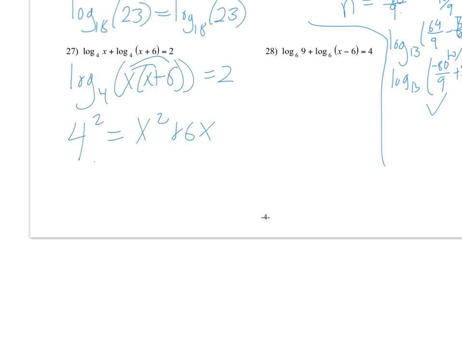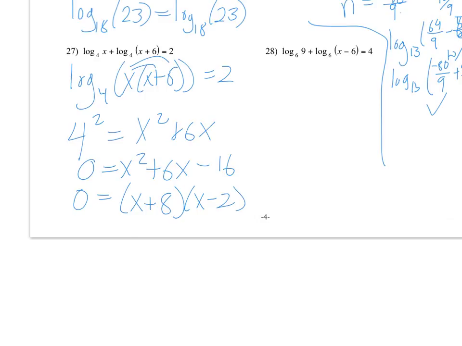Bring everything to one side. 0 is equal to x squared plus 6x minus 16. That factors into x plus 8 and x minus 2. In other words, x equals negative 8 and x equals positive 2.